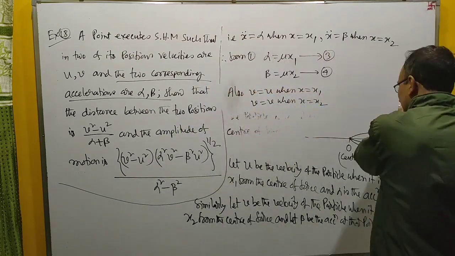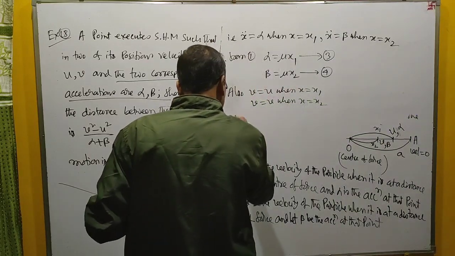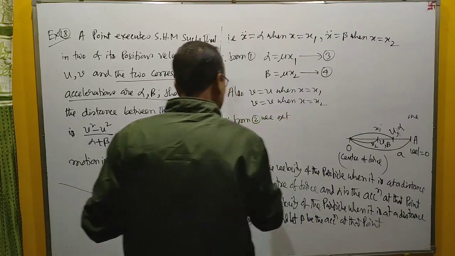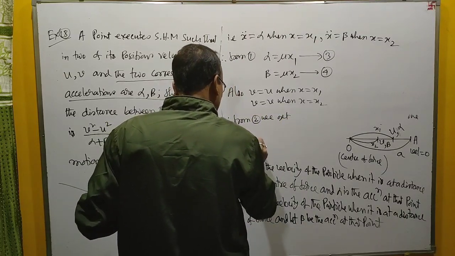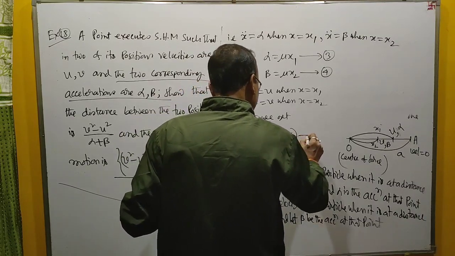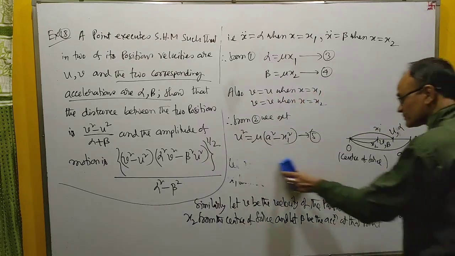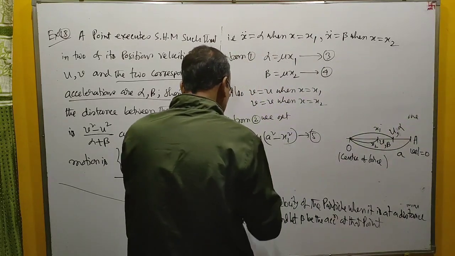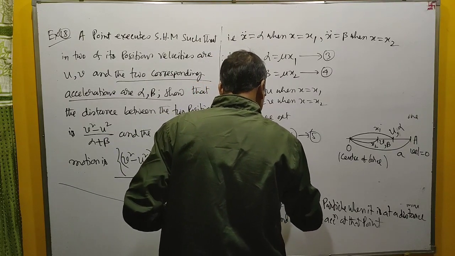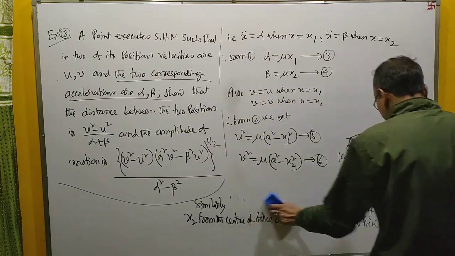Therefore, from 2 we get u square equal to mu into a square minus x1 square. It is number 5. V square equal to mu into a square minus x2 square. It is number 6.